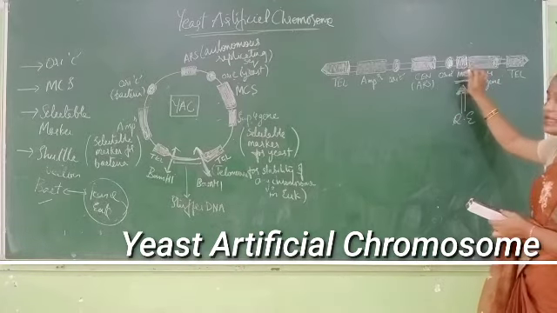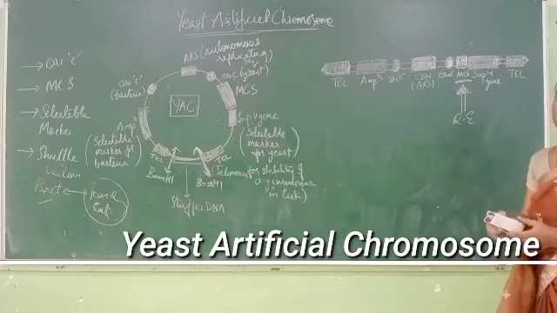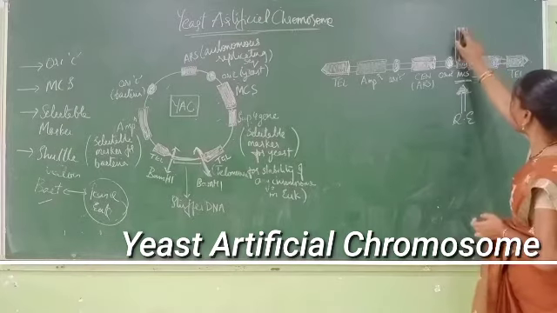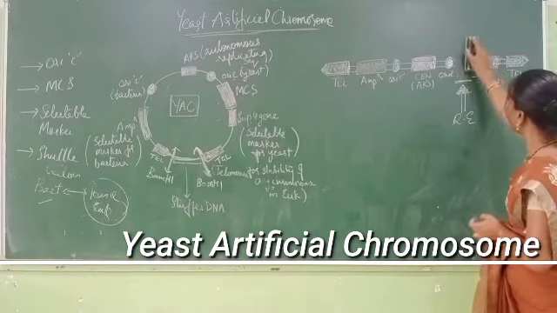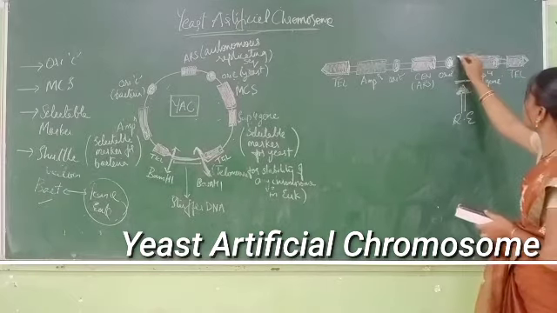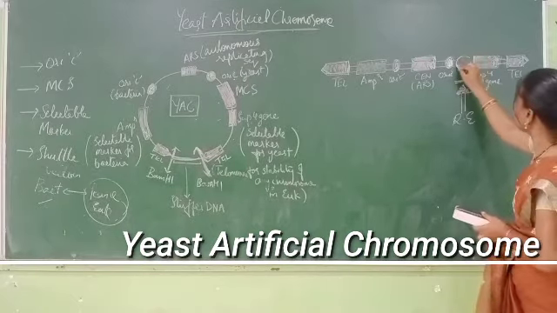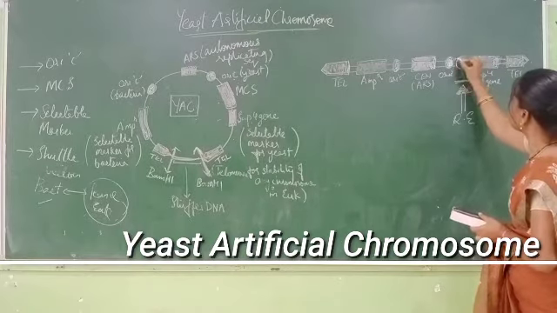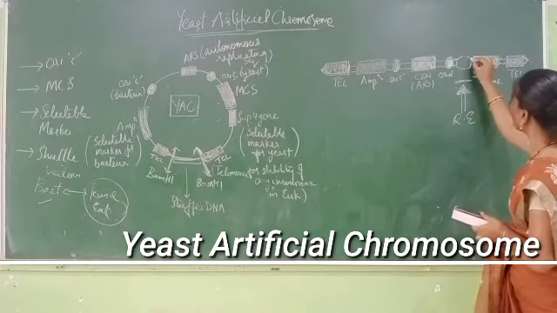There is a break, and here your target DNA molecule is inserted. See, this is your multiple cloning sequence, and after cleaving with your restriction endonuclease, your target DNA molecule is inserted. So this is your target DNA molecule.